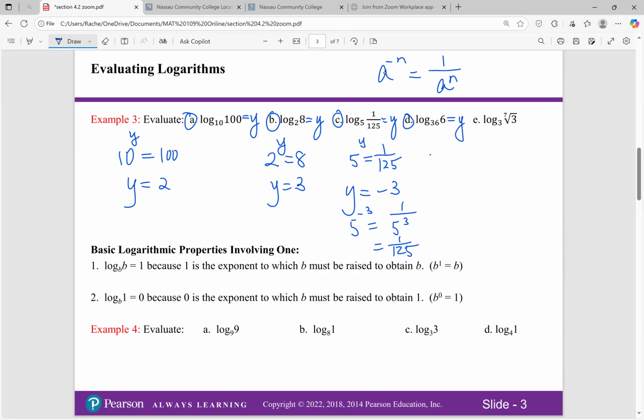So 36 to the y power equals 6. Now I don't have a fraction this time, and I'm looking at 36 and 6, and what's the relationship? Well, 6 is the square root of 36, right?